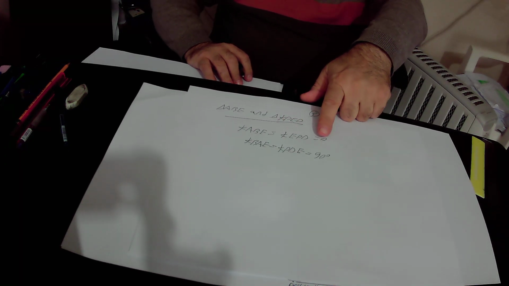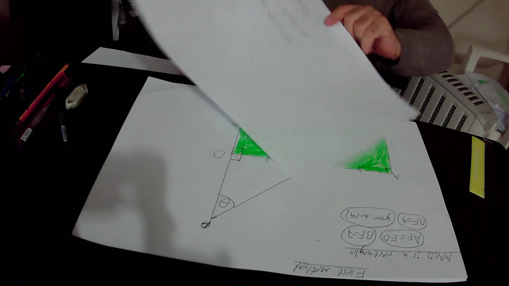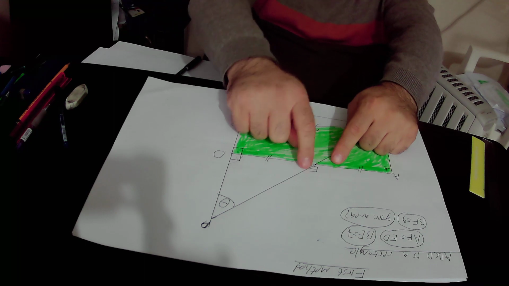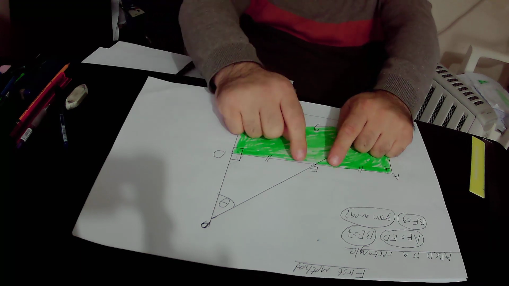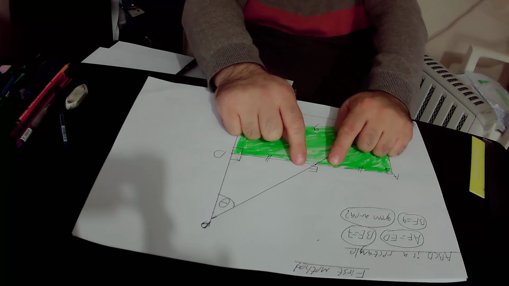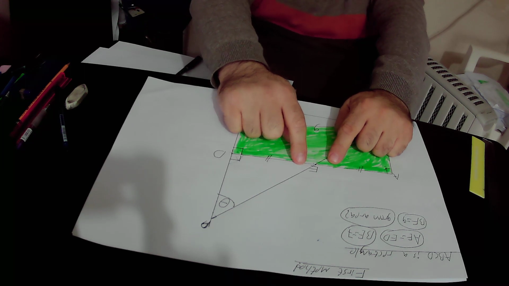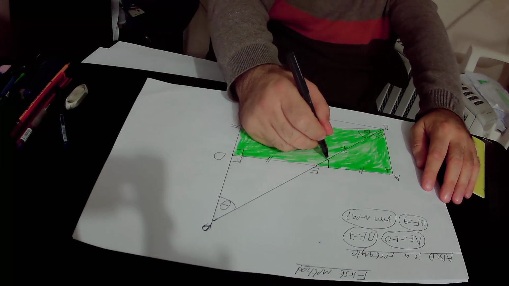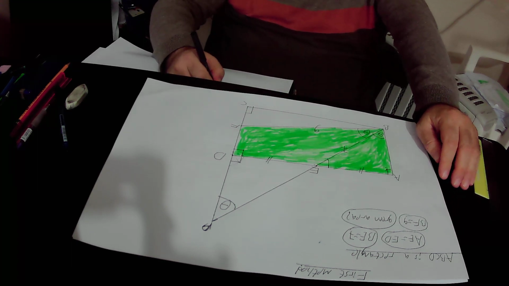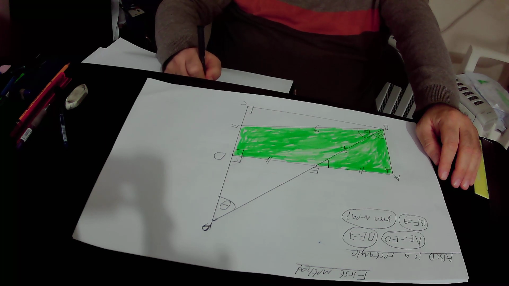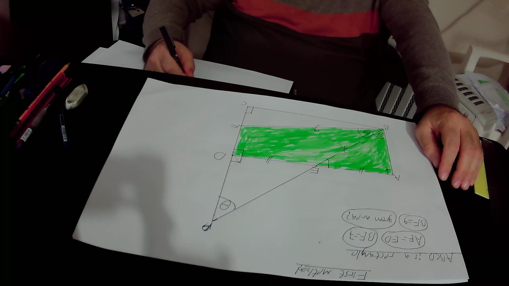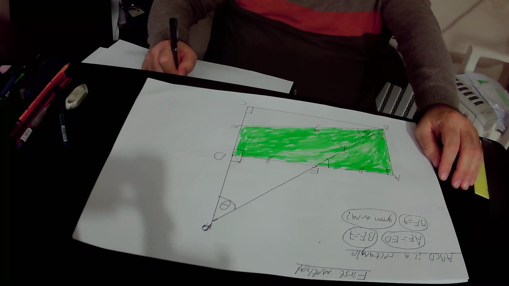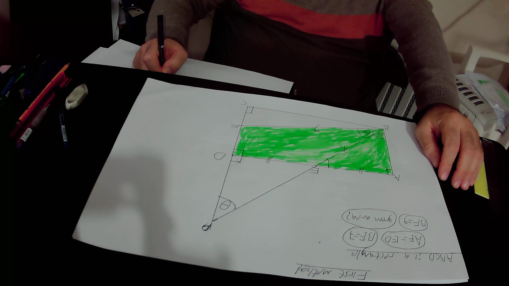And we also know that angle AEB is equal to angle PED, because those two angles are vertex angles, and we have a rule that states that vertex angles are equal to each other.